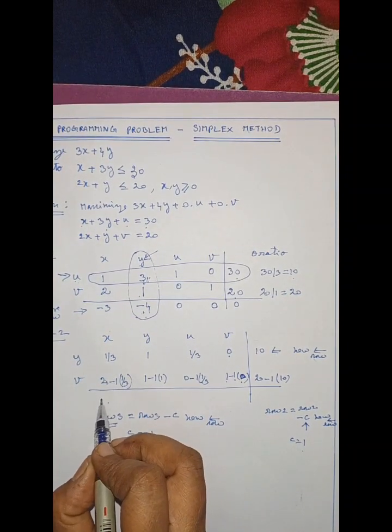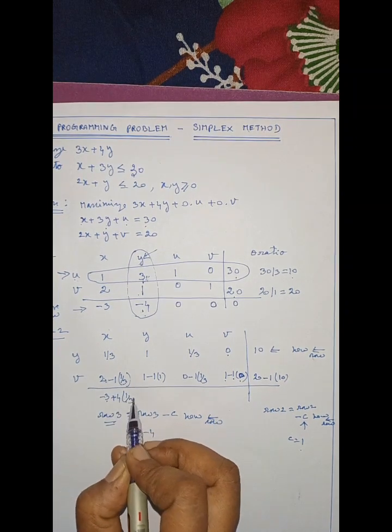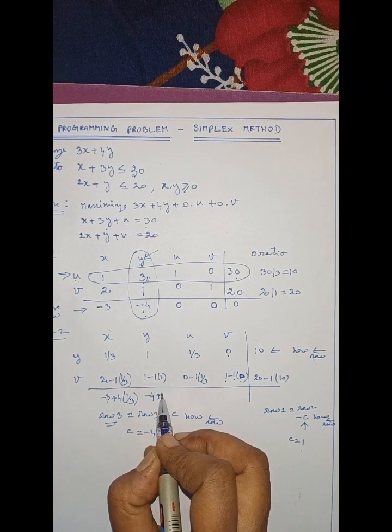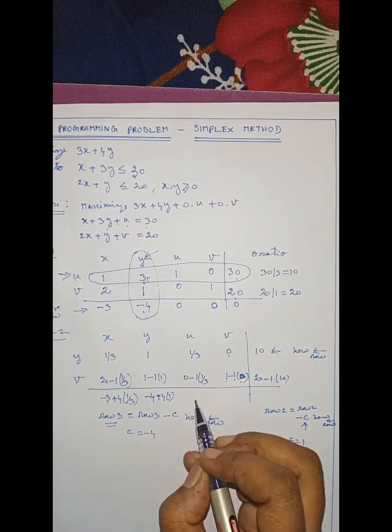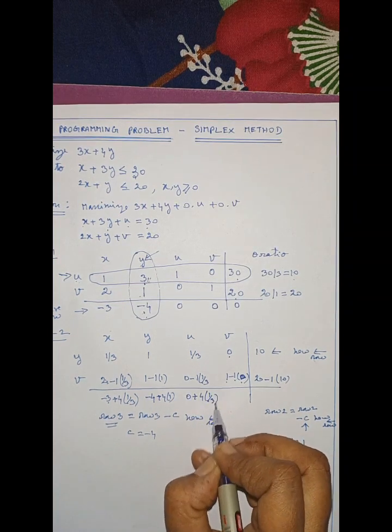So it is going to be minus 3 plus 4 into 1 by 3. The next value is minus 4 plus 4 into 1. The next value is 0 plus 4 into 1 by 3.